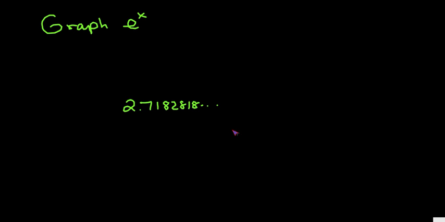Alright, now one other thing is, we're going to get into the graph of e raised to the x power. One thing that we should look at here, we've already said that e is approximately 2.7182818. So obviously that number is bigger than 2 and it's smaller than 3.